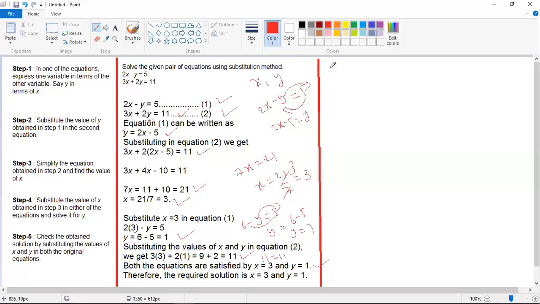The equations are 2x minus y is equal to 5, which is equation 1, and 3x plus 2y is equal to 11, which is equation 2. Now I want to express the x variable in terms of y.